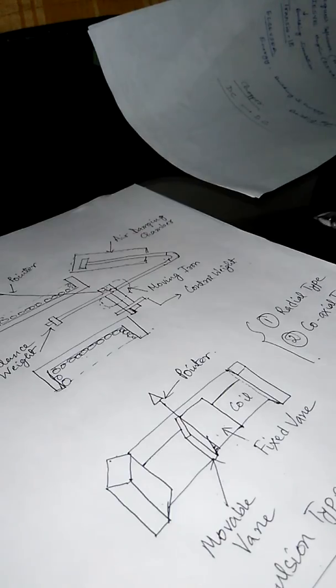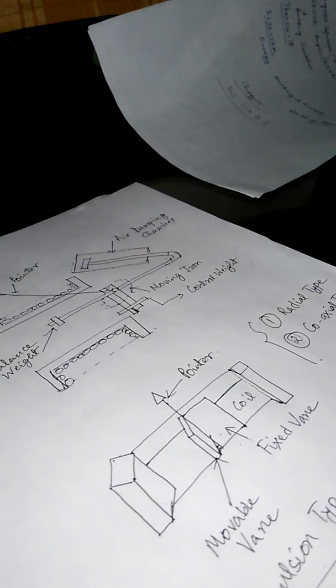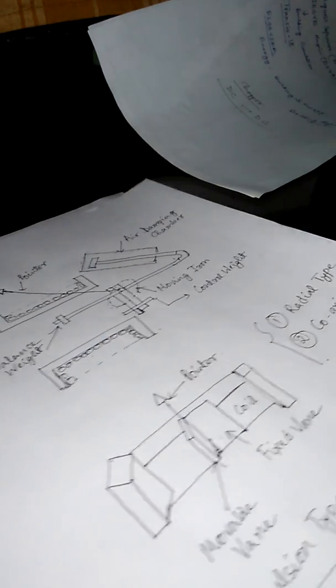So that is not dependent on the direction of current. So from that point of view, we can say that the moving iron instrument can be used for both AC as well as DC.